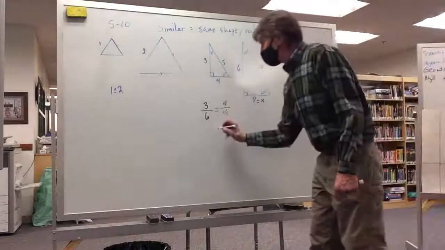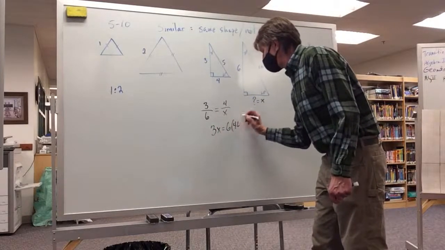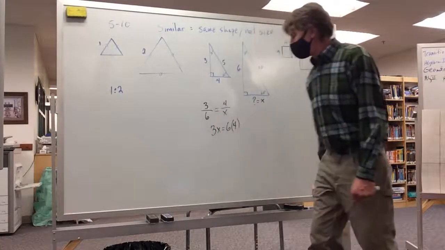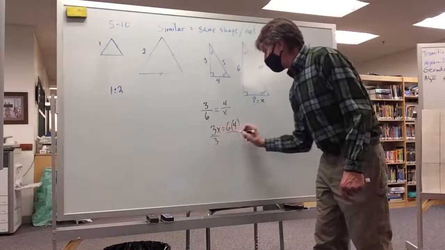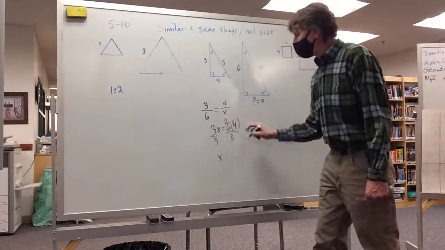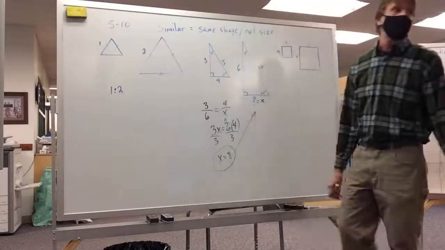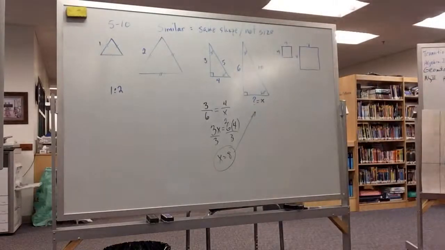So 3 times x is equal to 6 times 4. And if you divide by 3, you divide by 3. 6 divided by 3 is 2. 2 times 4 is 8. So that's what's going to be the length. So we're going to use proportions to solve similar figures.